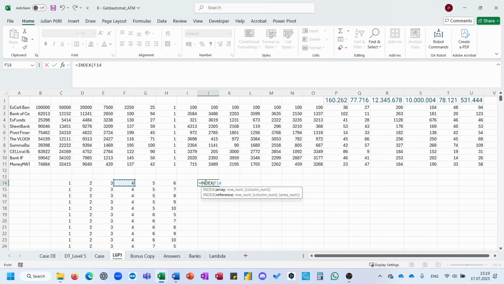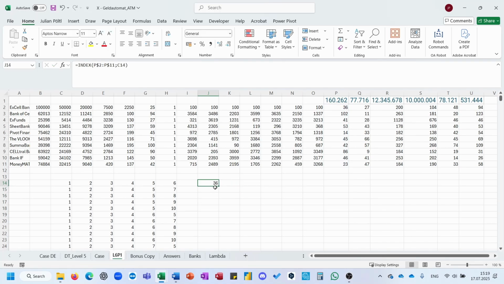Index. No, we want to have the amount here. And now I need to fix the rows, and this is the row given. And then I can track it. I'm able to track it aside.